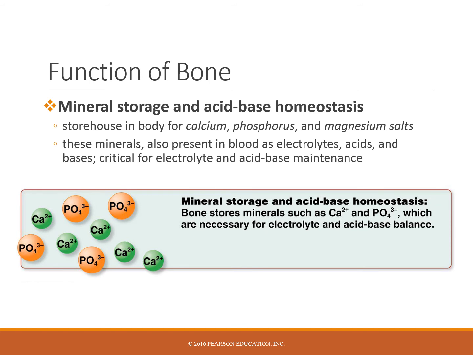They participate, for example, in signal transduction and communication between cells. They are parts of enzymes and contribute to their functions. In any case, by storing calcium, phosphorus, and magnesium, your bones help maintain your electrolyte and acid-base balance.